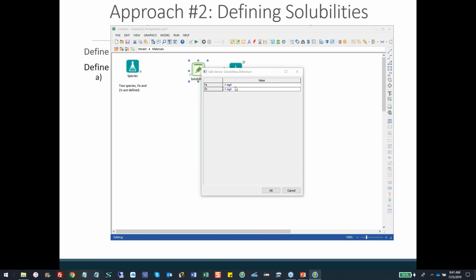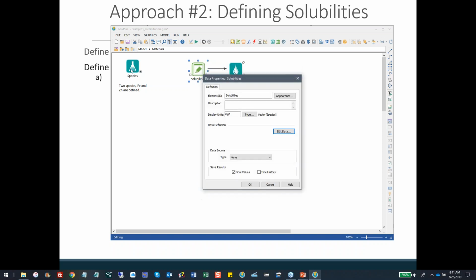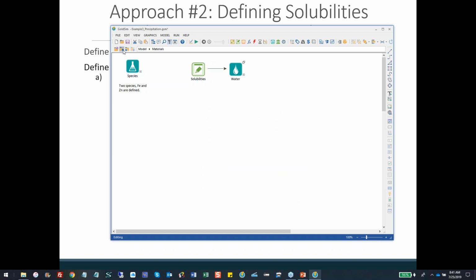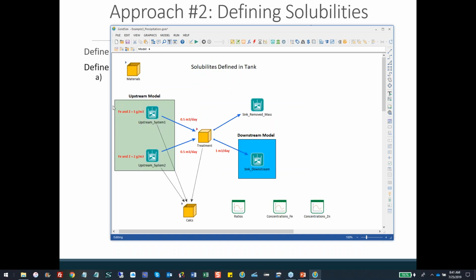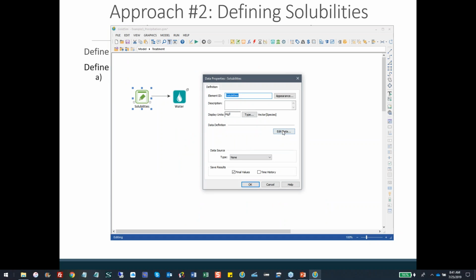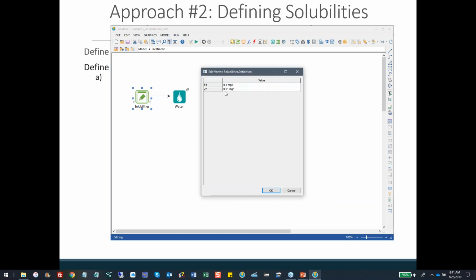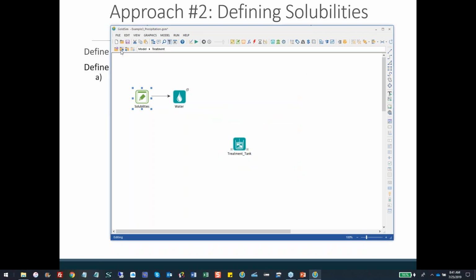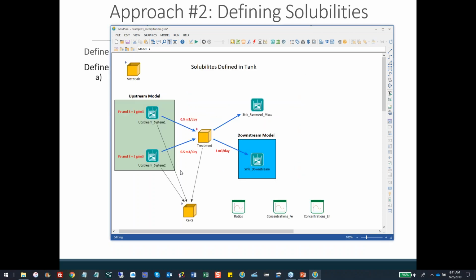And for those of you who have done contaminant transport modeling before in GoldSim, a negative solubility implies infinite solubility. So basically we're saying outside of the treatment tank, there is no solubility. We can hold as much of the mass as we want. Inside the treatment tank, inside this location, I'm going to apply some solubilities, 0.1 milligram per liter and 0.01 milligram per liter. So that's how we've set up our system.